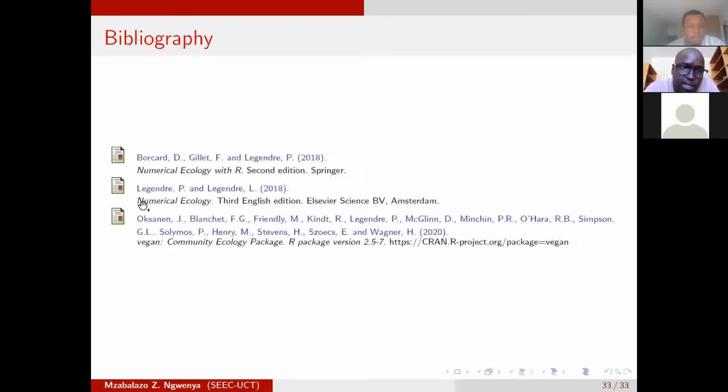Then if you are interested in the community ecology theory, there's Numerical Ecology, the book by Legendre and his brother. Also, I've used the package vegan to do all the analysis, so that's just a reference for the package.